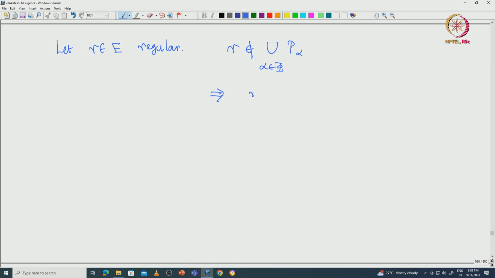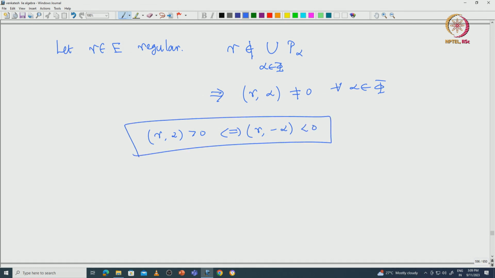That implies the inner product of gamma and alpha is non-zero for all alpha in phi. Now note that gamma alpha is positive if and only if gamma of minus alpha is negative. This is just a simple observation.